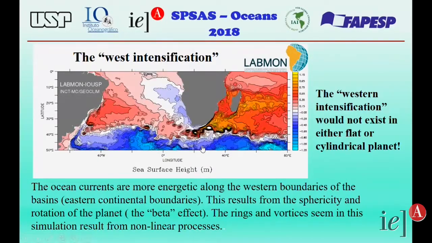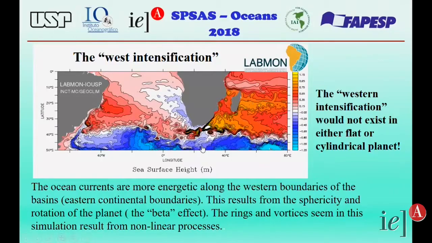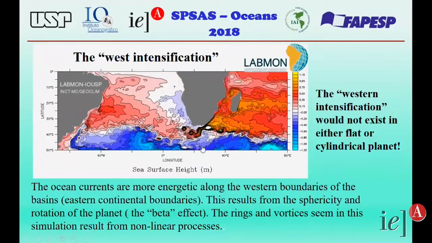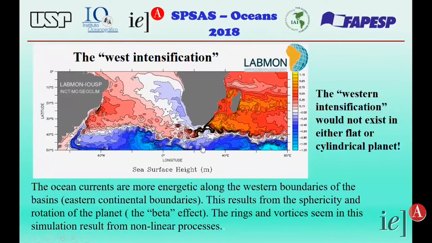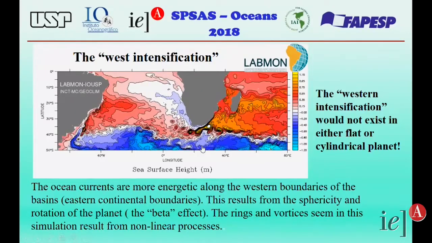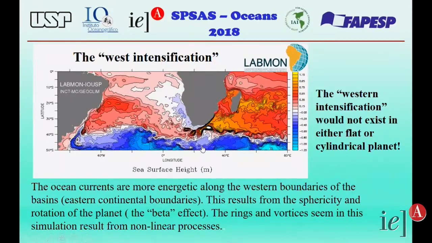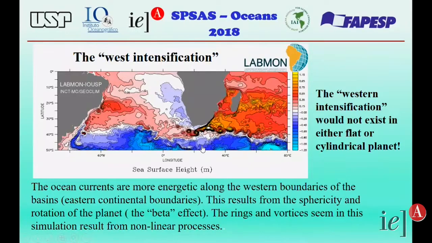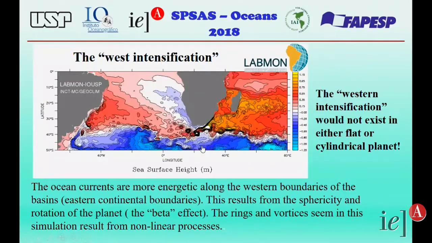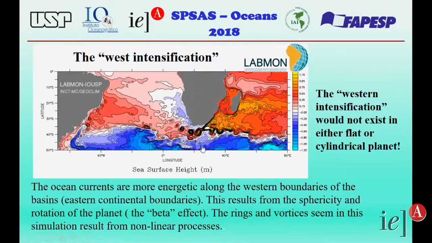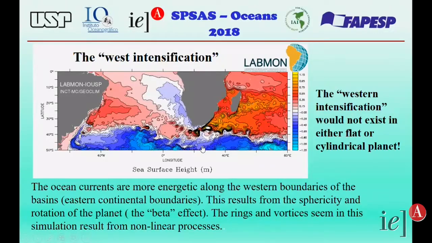Why is that? Why is there this kind of intensification, or more energy, near the western boundaries of the ocean? Well, I will give you the answer, but in any case, remember this.